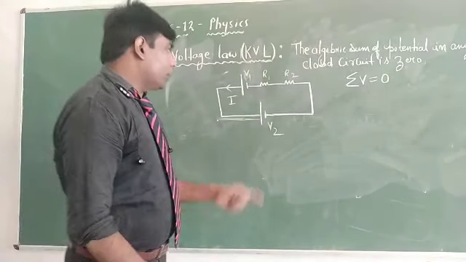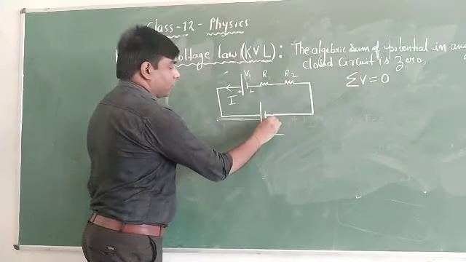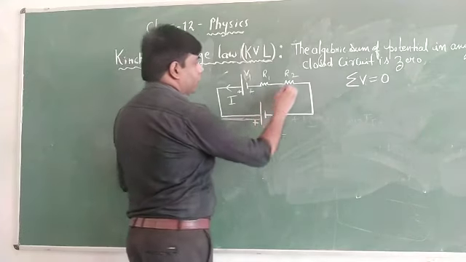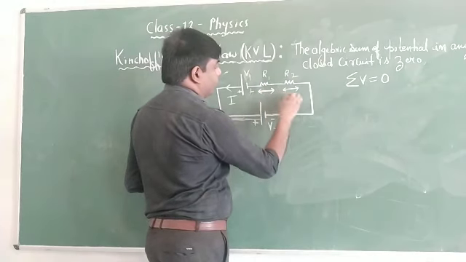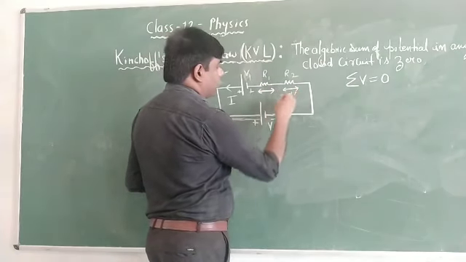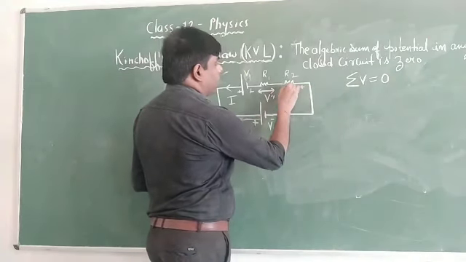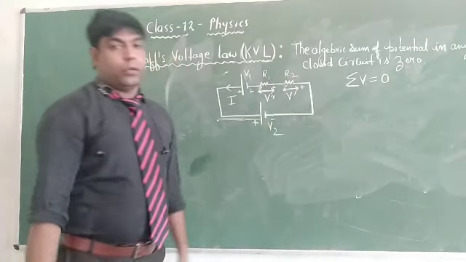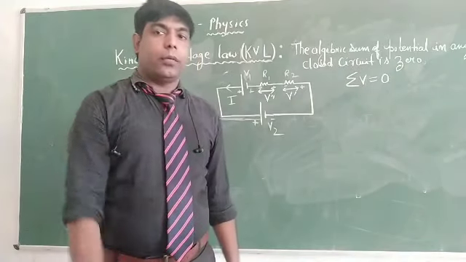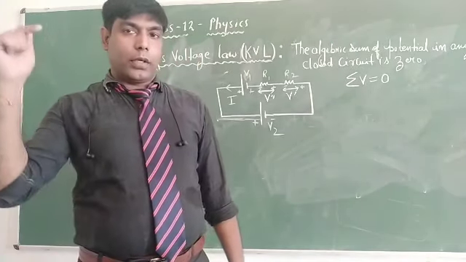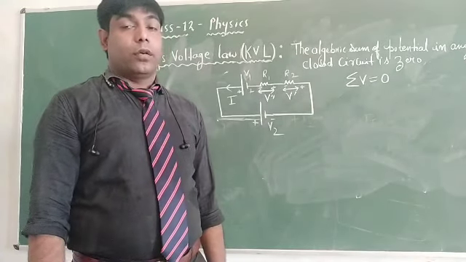So here see, if we see, this is minus, this is plus. You know, the potential at the end of the resistance is positive at which current is entering, and the potential is negative at that end at which current is leaving.